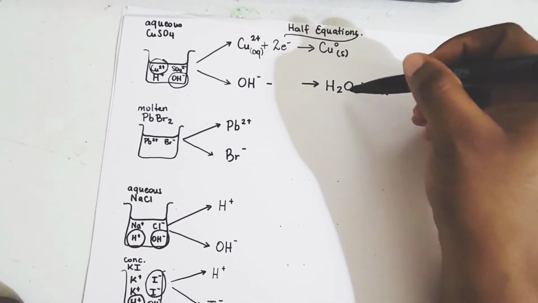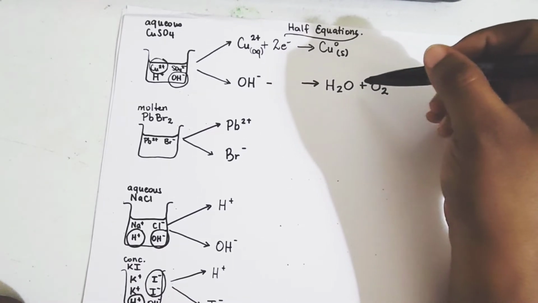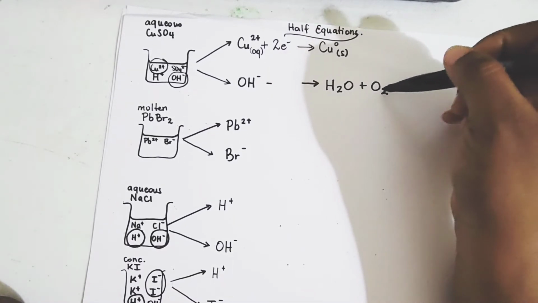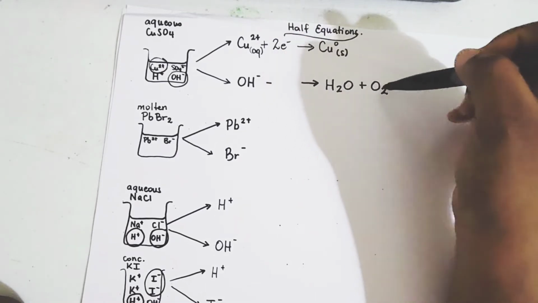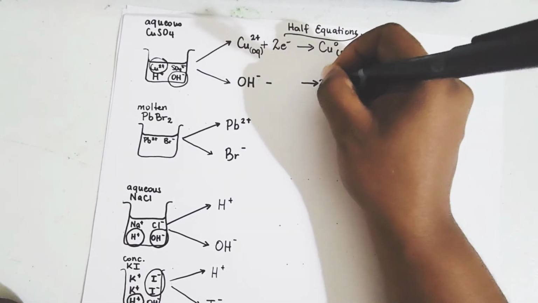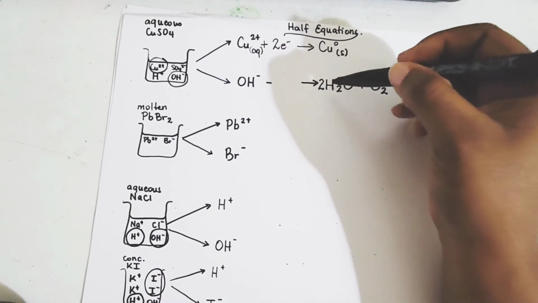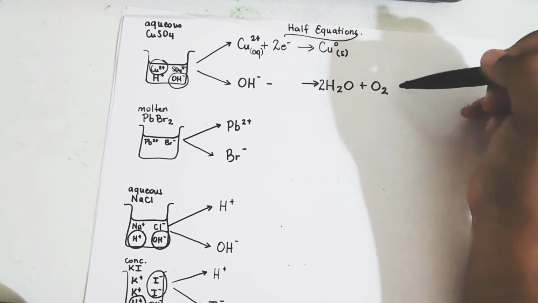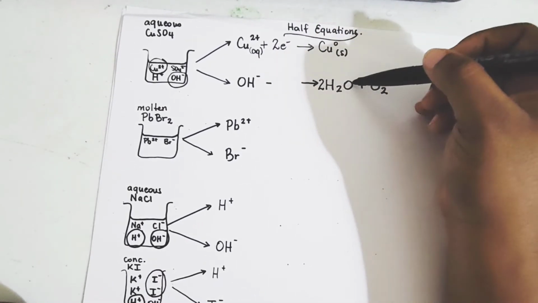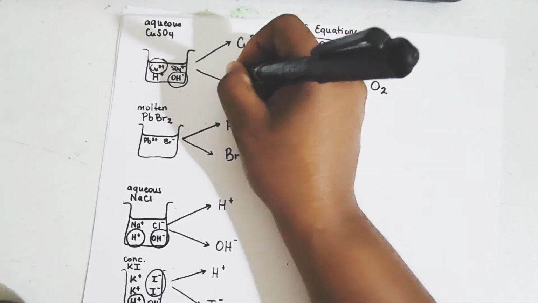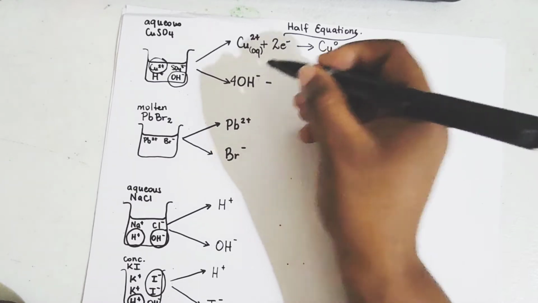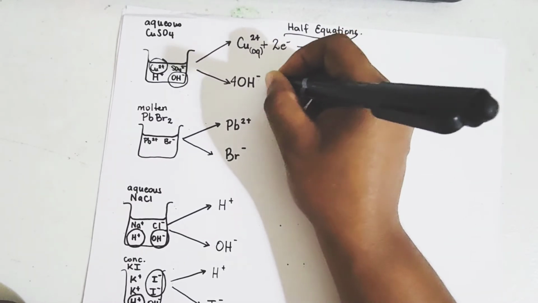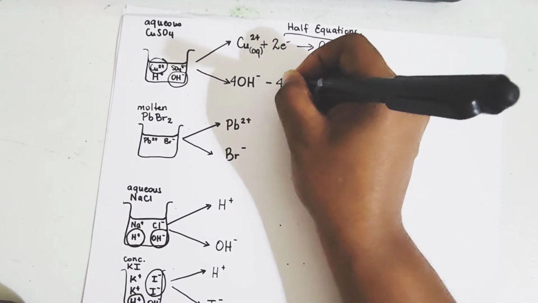And then we now have to balance. So if we have 3 oxygens over here, we have 2 hydrogens, we need to balance it, so I'll put a 2 in front here. And that will give us 4 hydrogens and 4 oxygens, right? Because this is 2 plus 2, that's 4. So I'll put a 4 here. Now we have to account for the amount of electrons. So we put minus, the minus is here, 4 electrons.